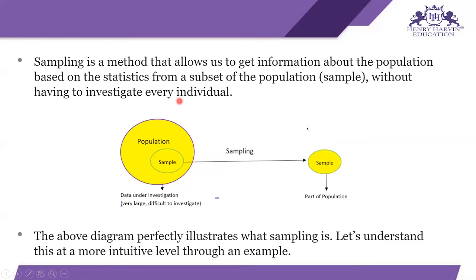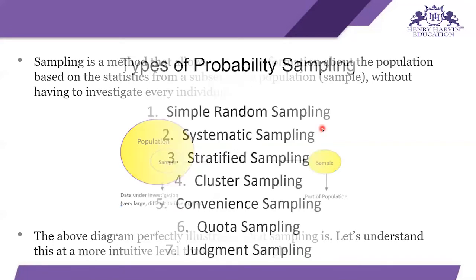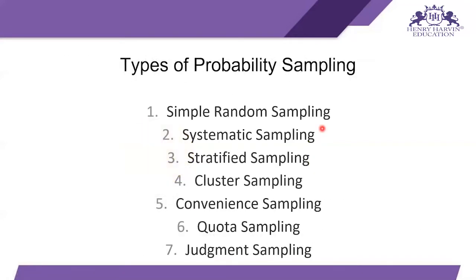So this is sampling in a pictorial way, and the above diagram perfectly illustrates what sampling is. Let's understand this at a more intuitive level through an example. I already told you this example. Next come the types of probability sampling. There are different ways where we can get our sample data sets.